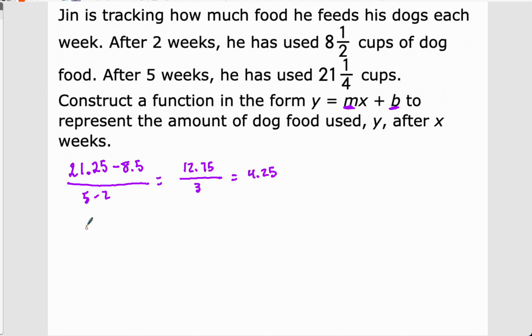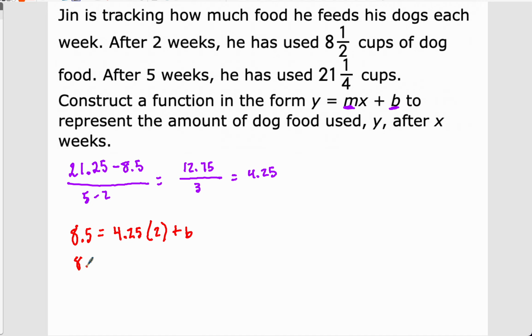So to find my y-intercept, I would do y, which is 8.5, 8.5 equals my slope, 4.25, times 2, plus b.